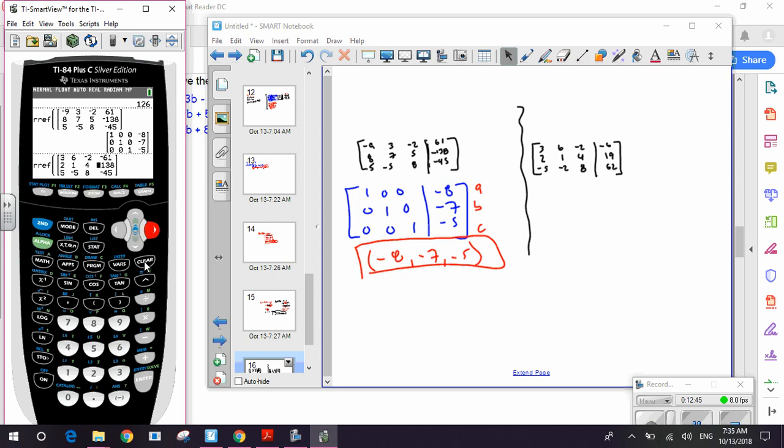I'm going to clear this one because the new number doesn't take as many characters. I need a -5, a -2, an 8. I'm going to clear this one, and a 62.